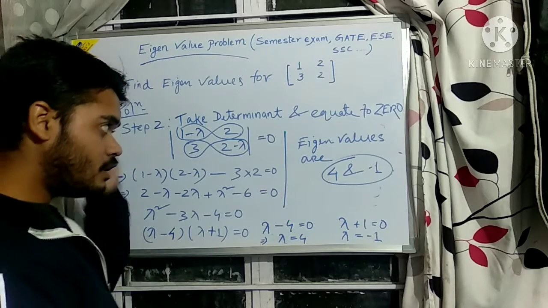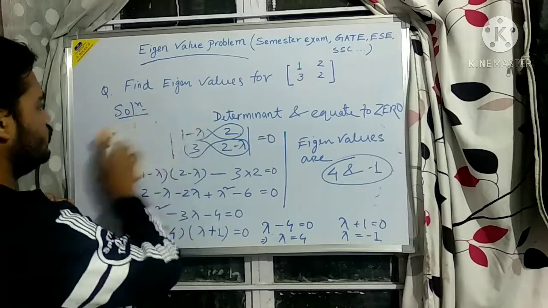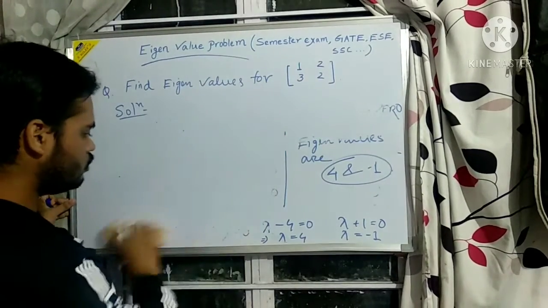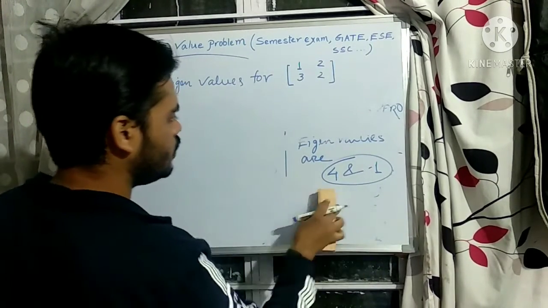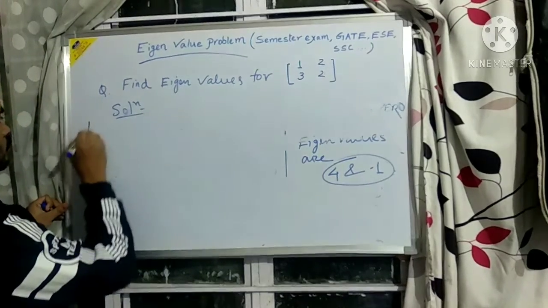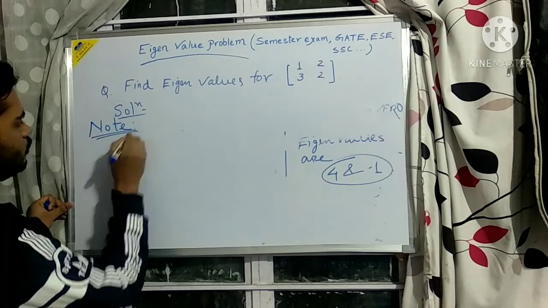Now there are two important points to remember. I hope you wrote this solution. Just remember this answer, 4 and minus 1, and you can write a note. This is a note. This one is an important point.